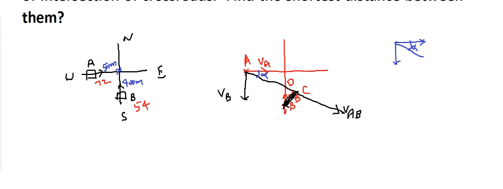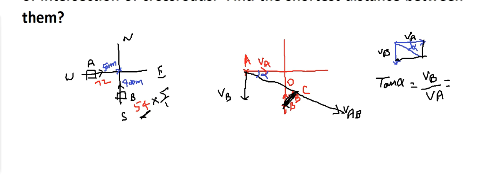So if I complete this rectangle, this is VA, this is VB. So tan alpha becomes equal to opposite by adjacent. What is opposite? VB. Adjacent, VA. So VB by VA. VB is given as 54 kmph. 54 kmph means multiplied by 5 by 18.